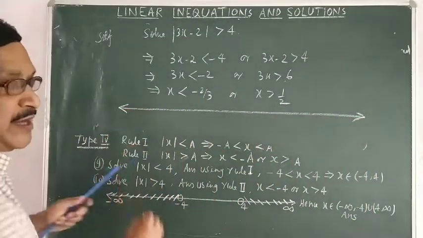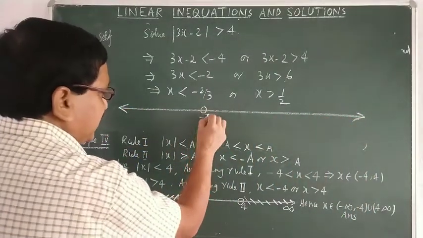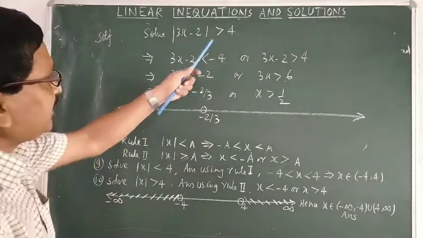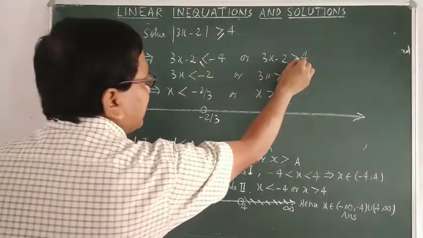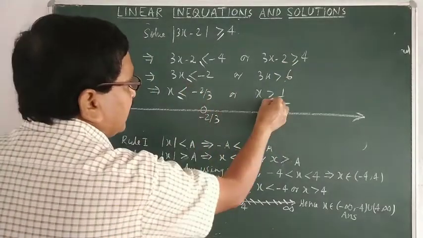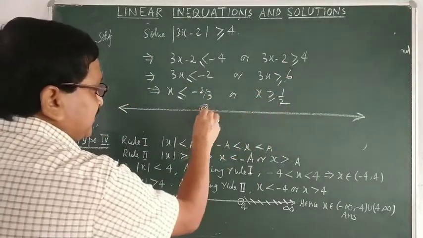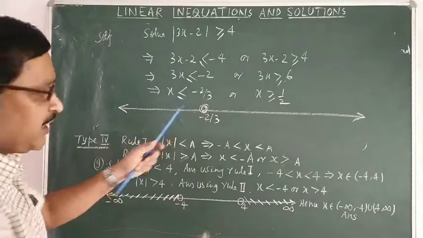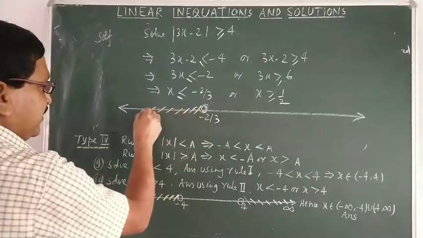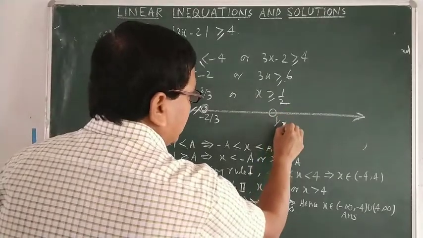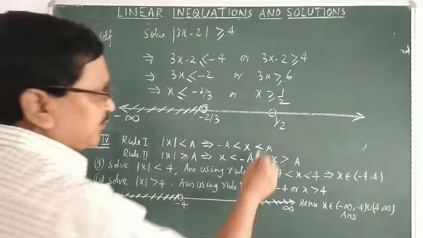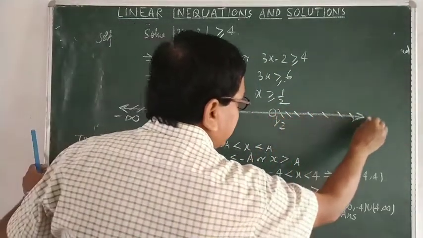The answer will be given like this: minus 2 by 3 is not to be taken, or suppose the equal sign is here, you can take this. Less than is moved towards the left up to minus infinity, and greater than or equal to 1 by 2 means move towards this infinity.